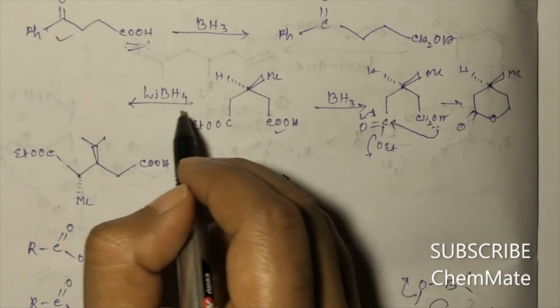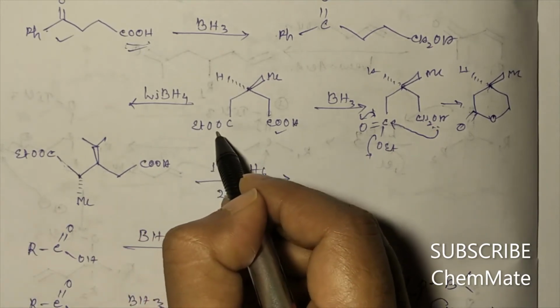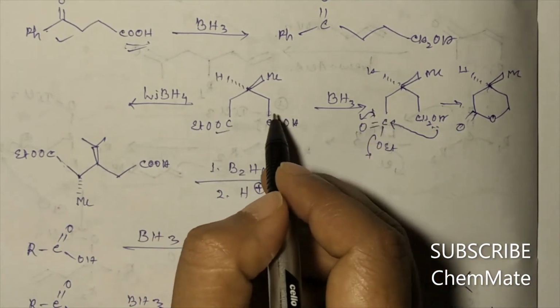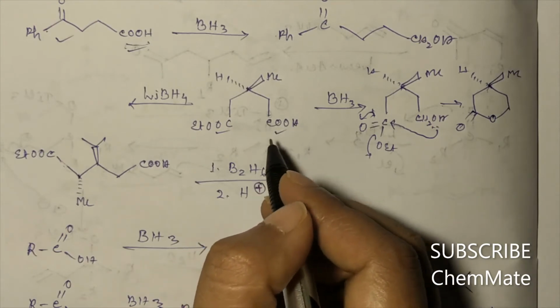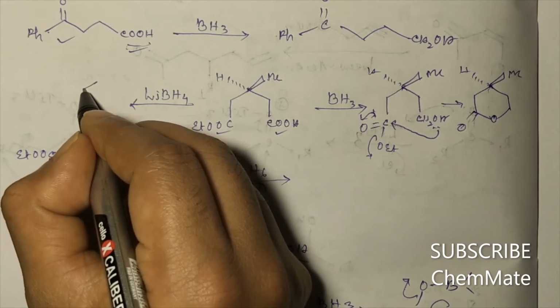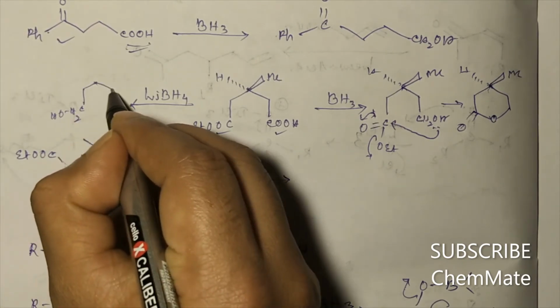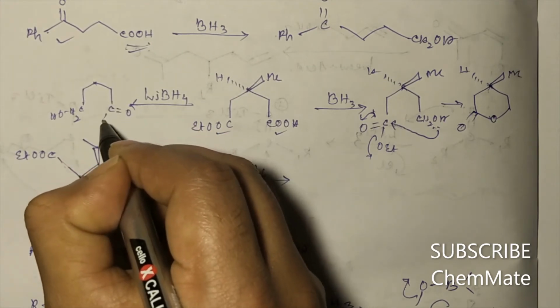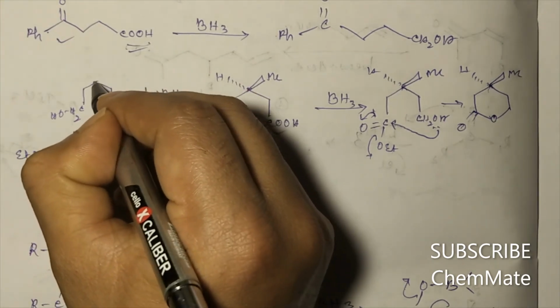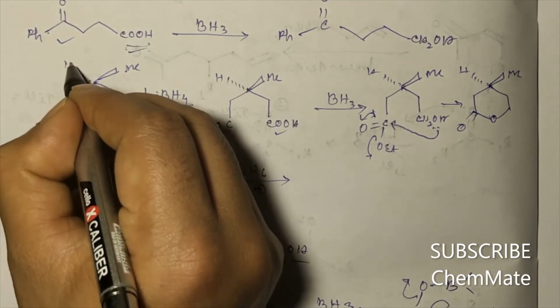But if it is treated with lithium aluminum hydride, then it will selectively reduce this ester group, and the COOH group will remain intact. So then the product will be CH2OH, it will be OH, this.